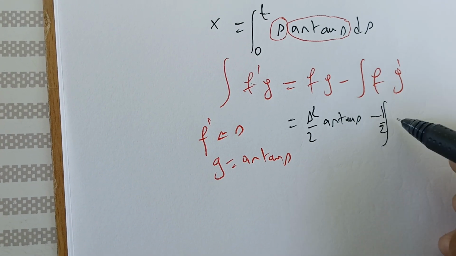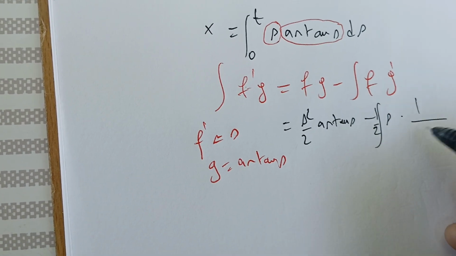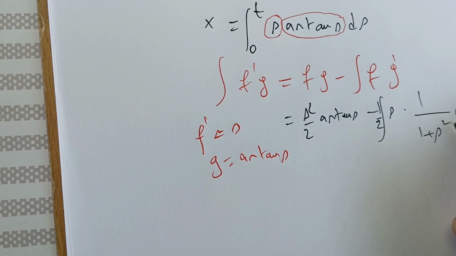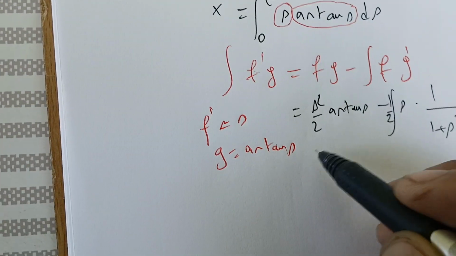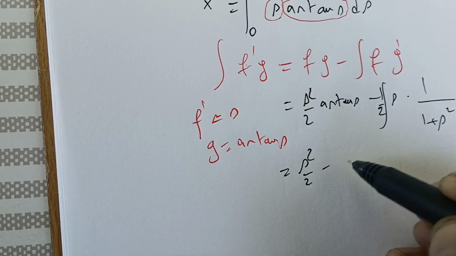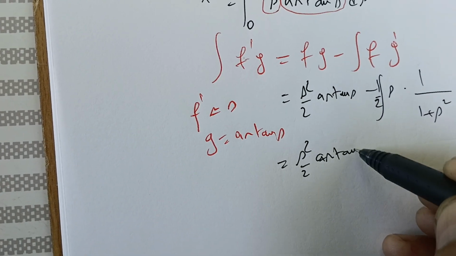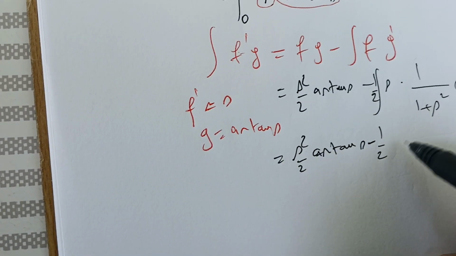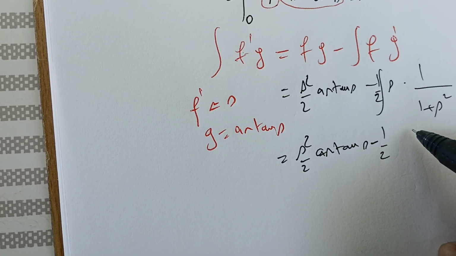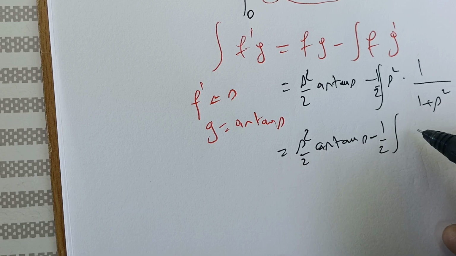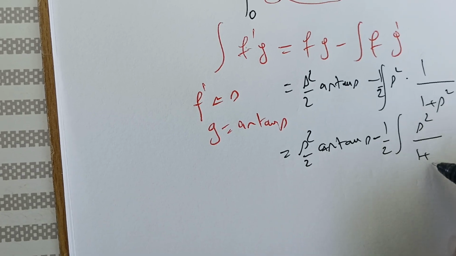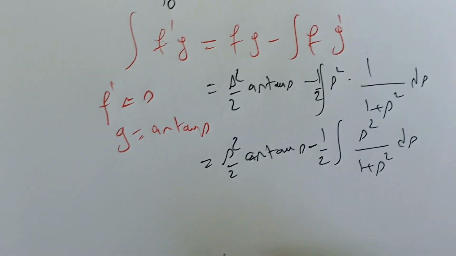I'll take 1/2 outside. s times 1 over 1 plus s squared ds. This is coming from the derivative of the arctangent of s. And therefore I have s squared over 2 arctangent of s minus 1/2 integral of s squared over 1 plus s squared ds.